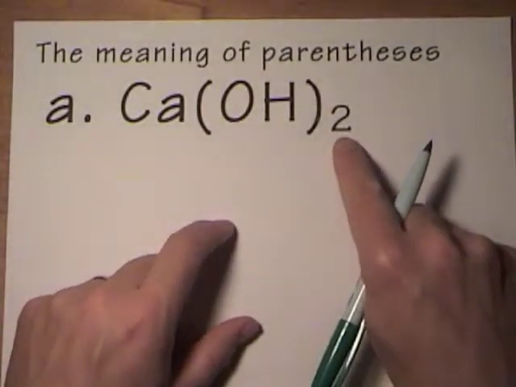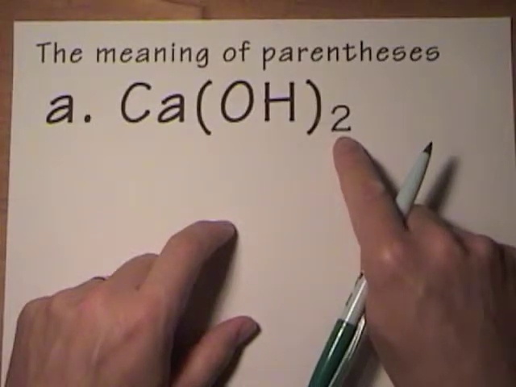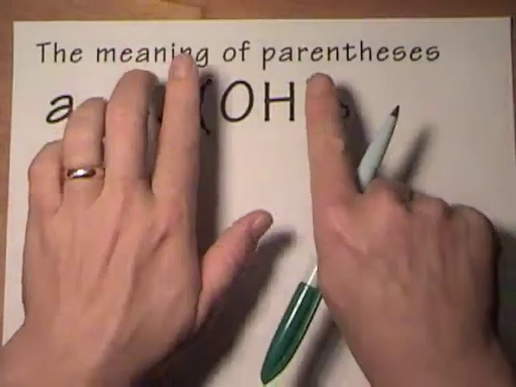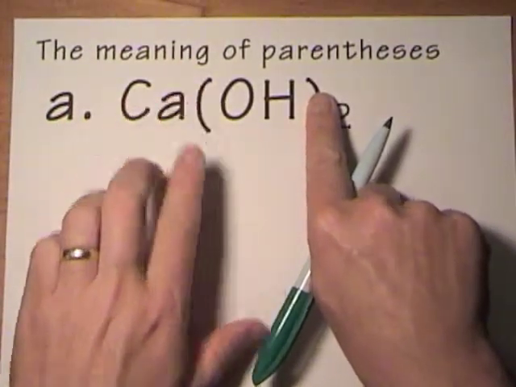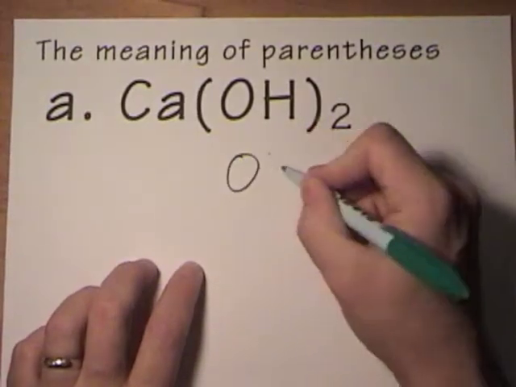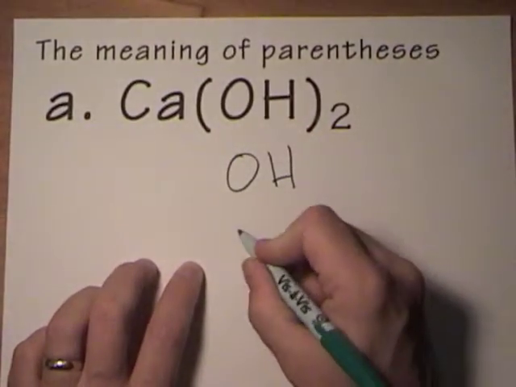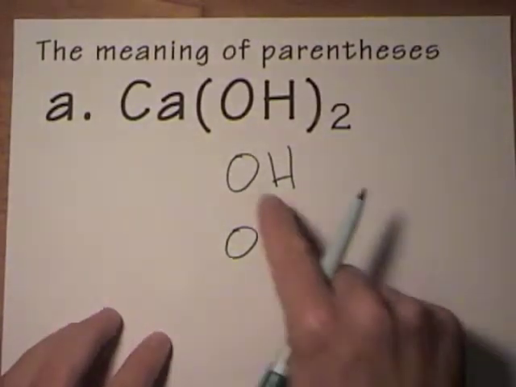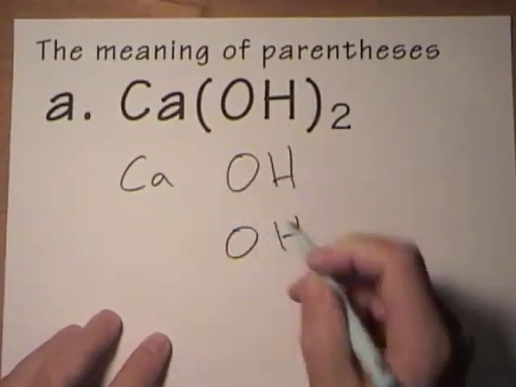What you want to do is look at the subscript that's outside of the parentheses. This subscript means this is how many of everything you have in the parentheses. So this 2 says that I have OH one time and OH another time. 2 of them, 2 OHs. And then over here I also have calcium.